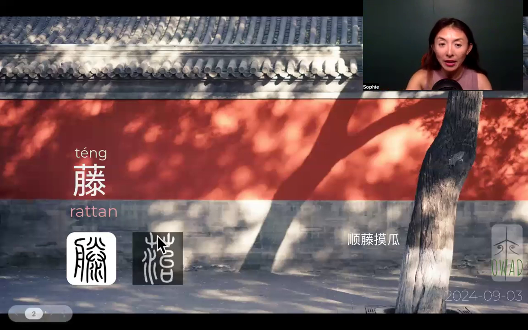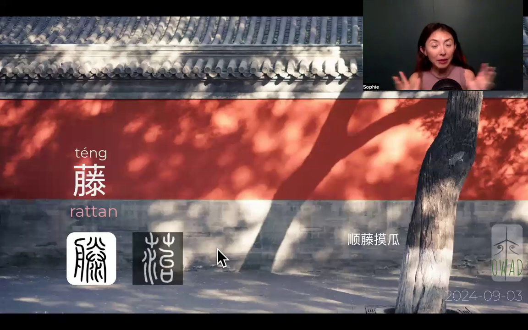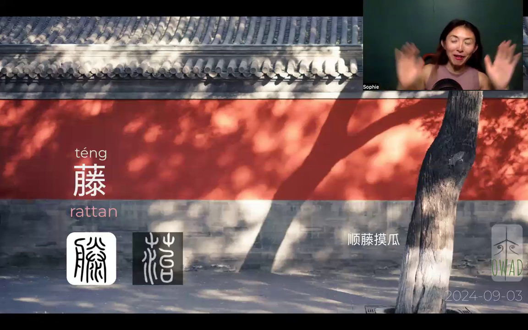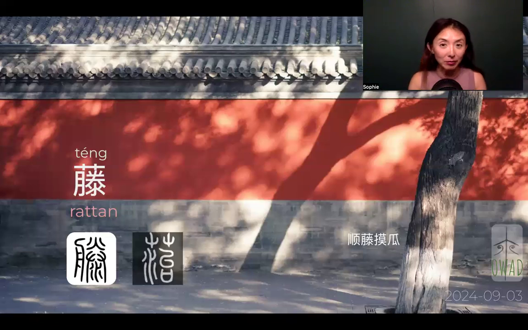So now when it pairs with this trident-looking thing, which I showed you again from the moss character, just the top portion, then it becomes rattan. Rattan is a viney, growing thing that most likely cannot stand on its own. It has to climb and wrap around another structure so that it can grow upward.